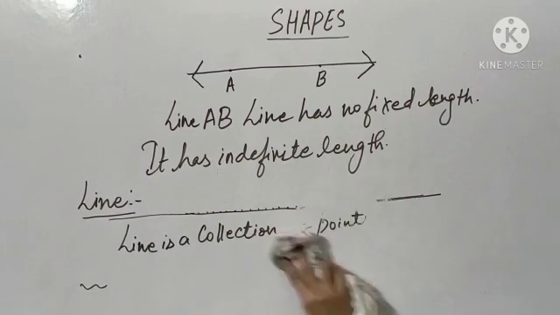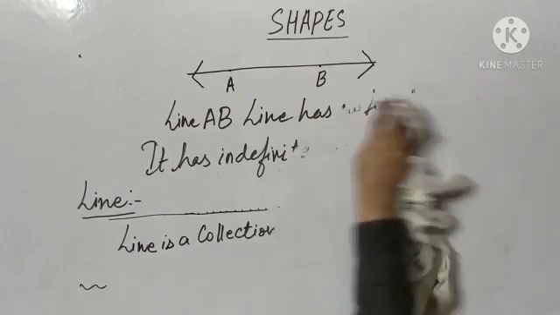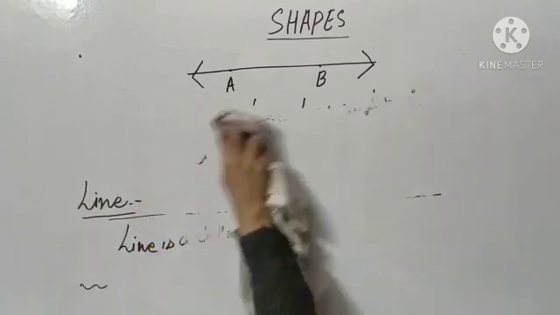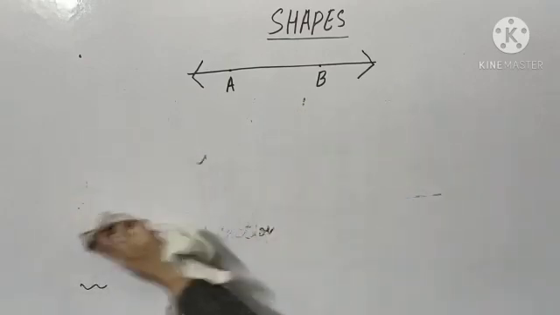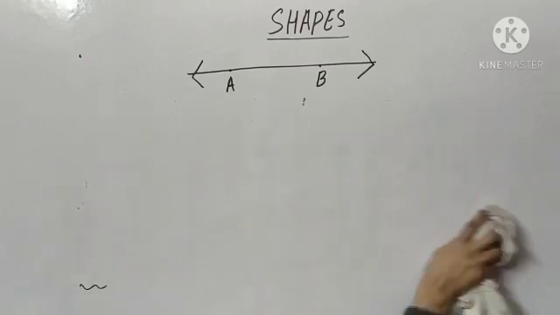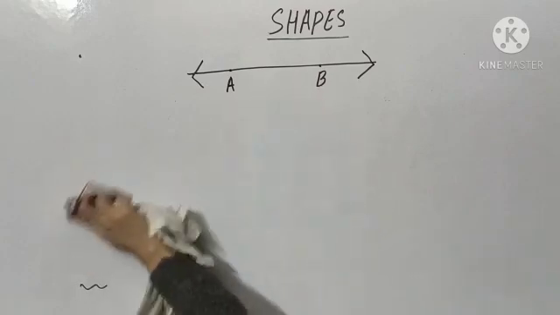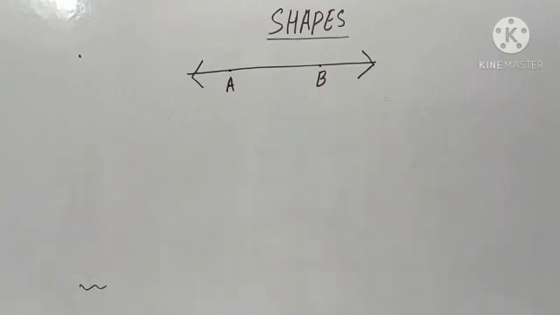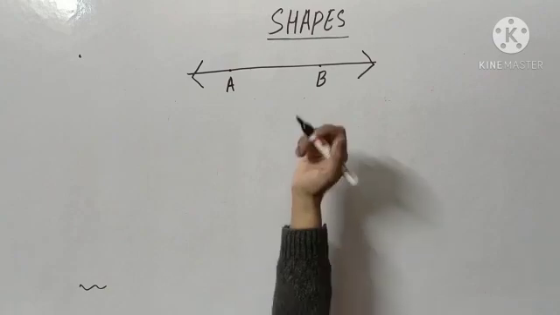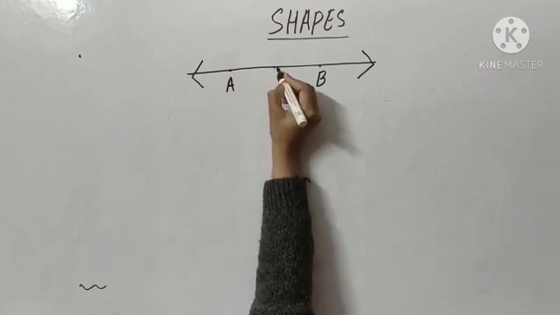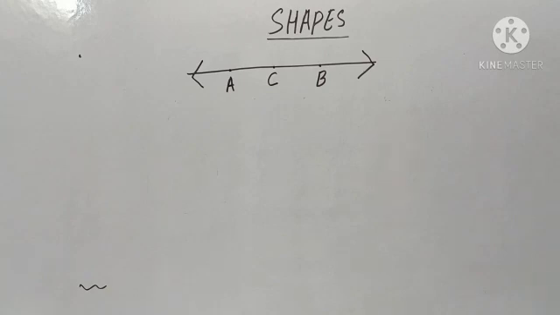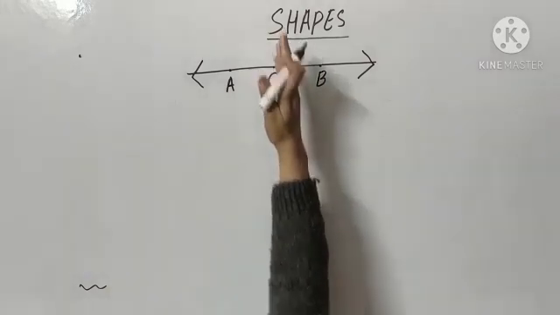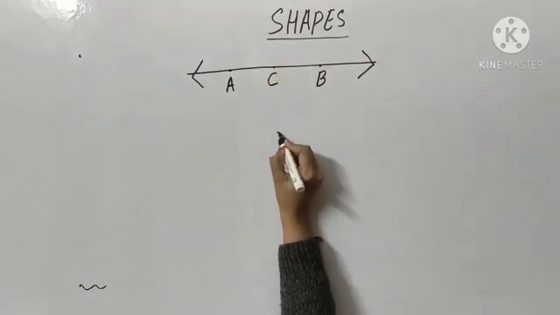Now, see beta, this is my line. Suppose one more point I am marking here, that is capital C. And if I cut this line from the middle, what I will be getting?